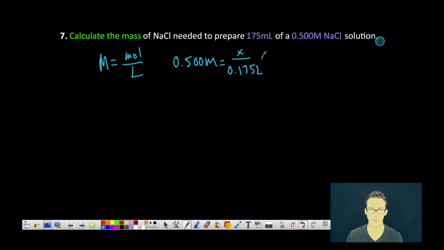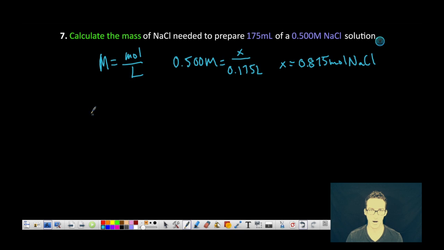If we solve for X, we're going to do a quick multiplication here to get X by itself. X equals 0.0875 moles of NaCl. Again, a lot of work already, haven't solved the problem. In order to solve this, we need to then take our number of moles and convert it to grams.